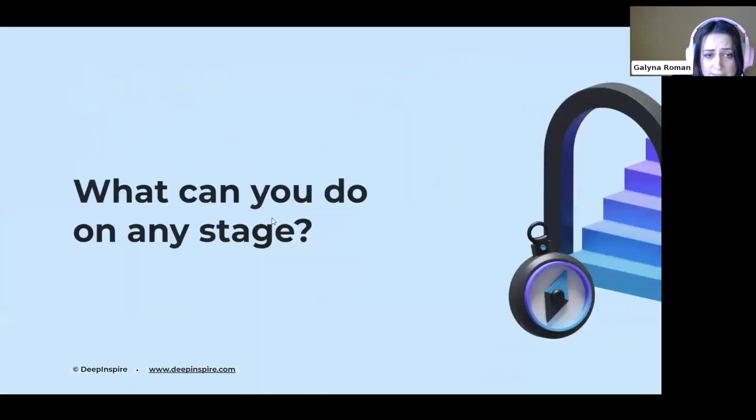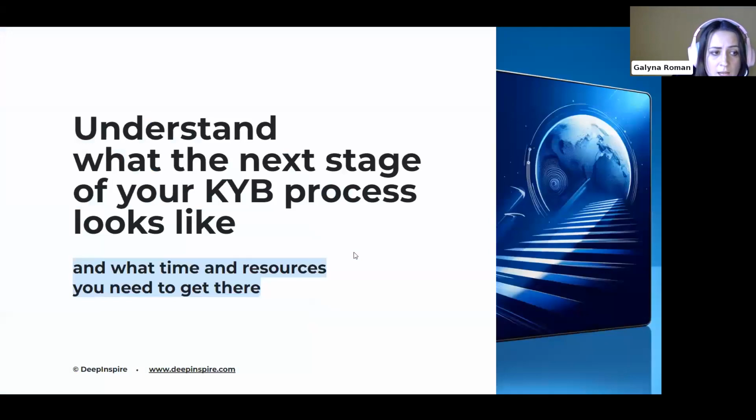So what can you do at any stage of your business? The best thing you can do is to understand what the next stage of your KYB process looks like, and what resources and time you need to get there.